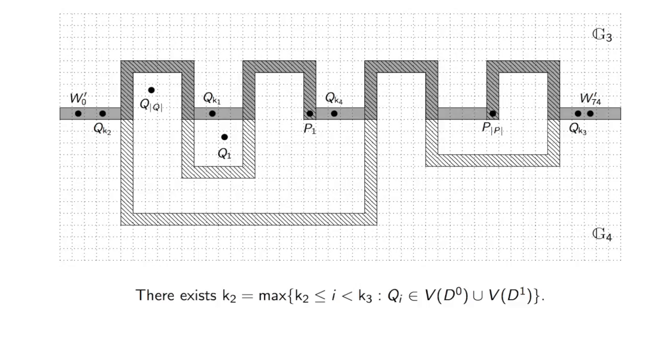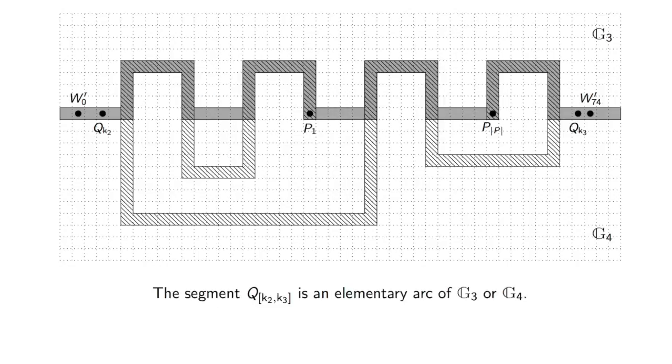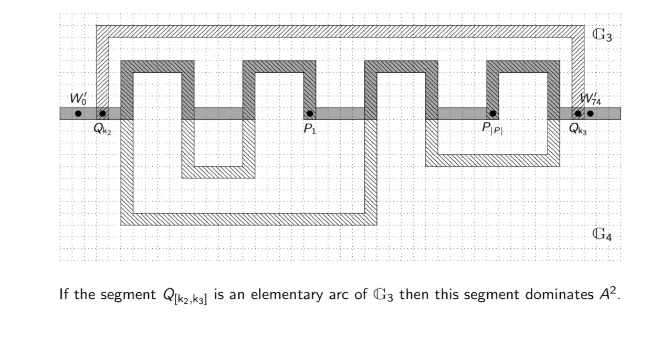Now we consider the index K2 as the maximum index lower than K3 such that the path Q at index K2 belongs to either D0 or D1. In our example, it belongs to D0. This index is correctly defined since K1 is correctly defined. According to these definitions, the segment of Q from index K2 to index K3 is either an elementary arc of G3 or an elementary arc of G4.